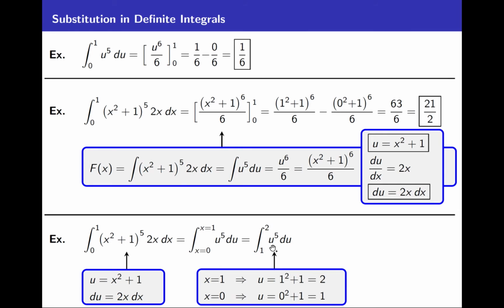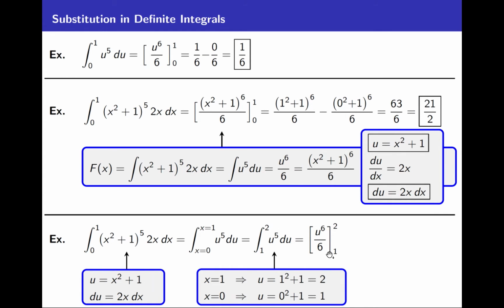And it's implied here that it's u equals 1 because our variable here is u. All right, so we have the integral from 1 to 2, u to the 5th du. And now this is an easy one because it's a power rule for integration problem. It's almost identical to what we did up here, except the limits of integration are different.